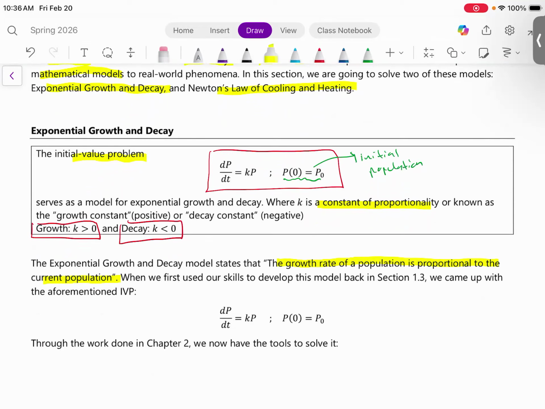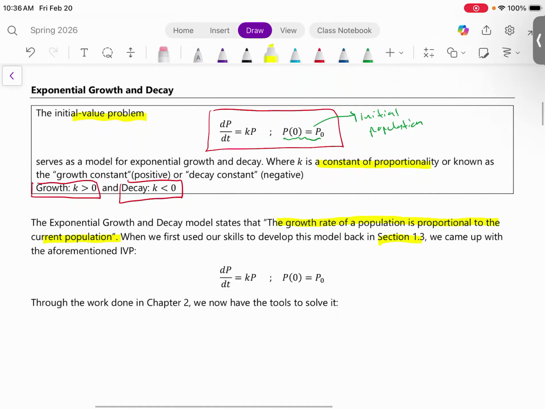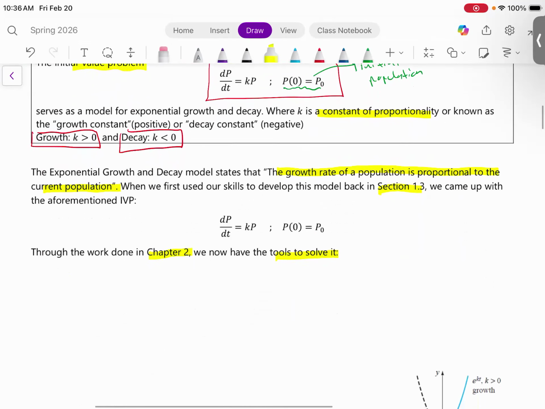So we developed this back in section 1.3. That's where we developed this differential equation. And now, since we've learned the tools of how to solve differential equations, whether it be graphically, analytically, or numerically, we now have the tools to solve this differential equation. So let's go ahead and do that.